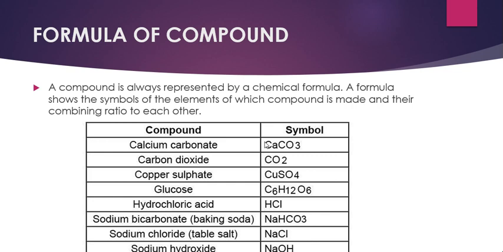So a formula is showing symbols of all elements present in a compound. So how many elements in this compound? 3. Calcium, carbon, oxygen. So this compound is made up of 3 elements shown through these symbols. And the numbers are actually showing the combining ratio of elements in a compound. So calcium 1 atom, carbon 1 atom and 3 atoms of oxygen.